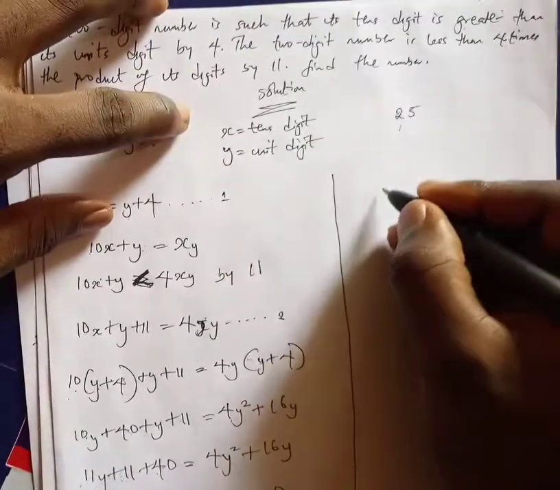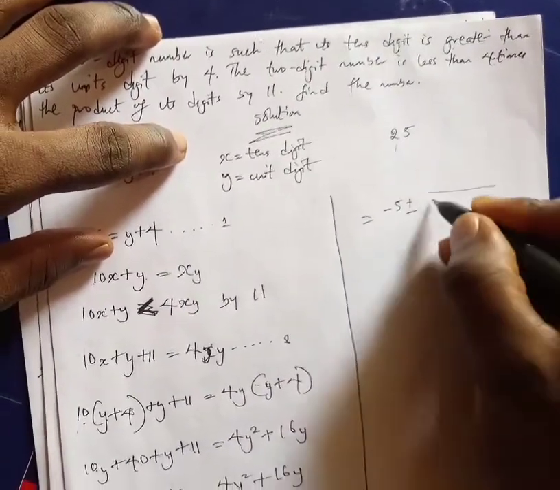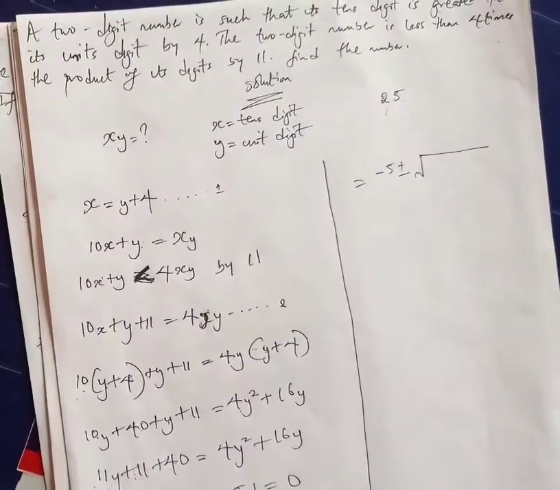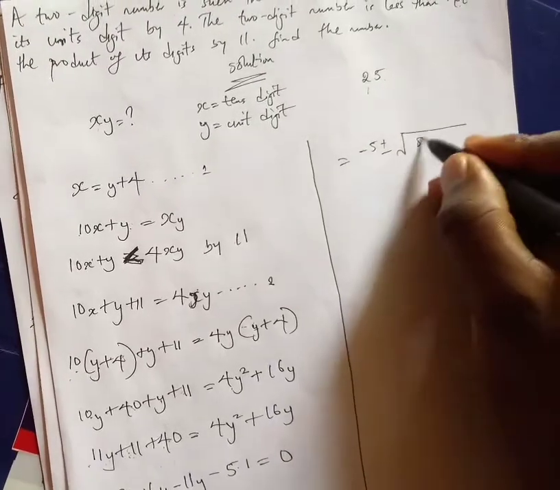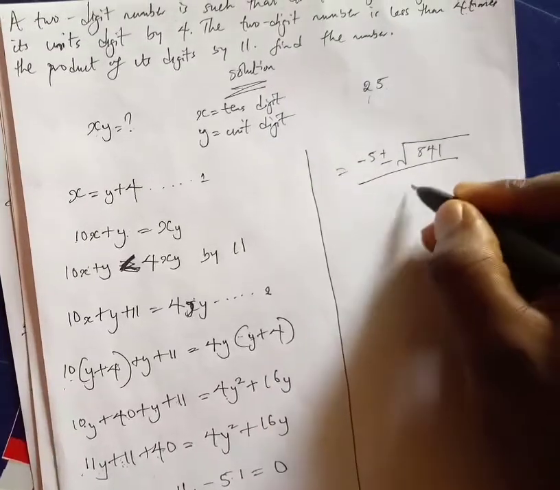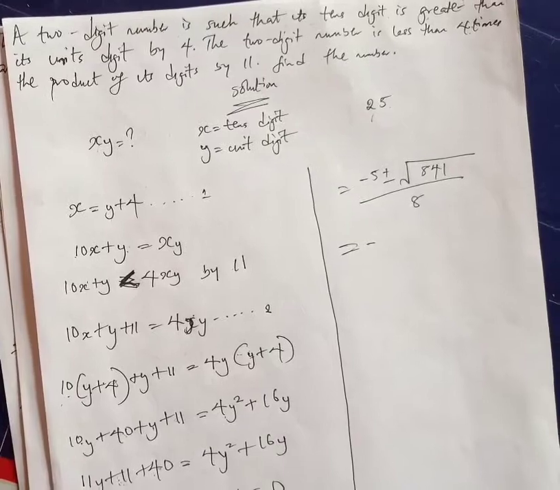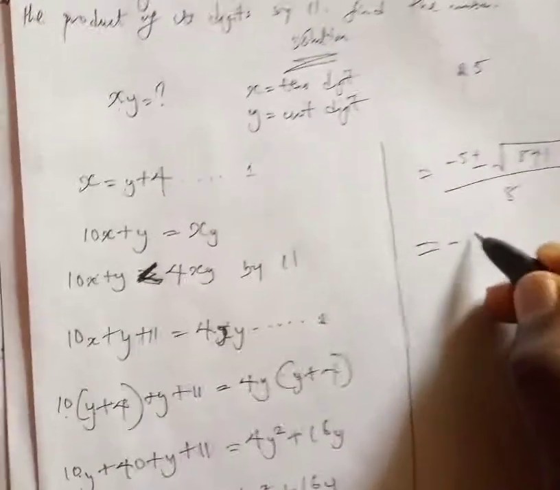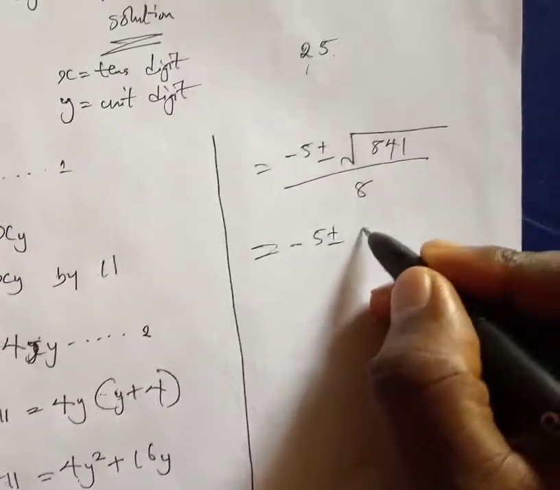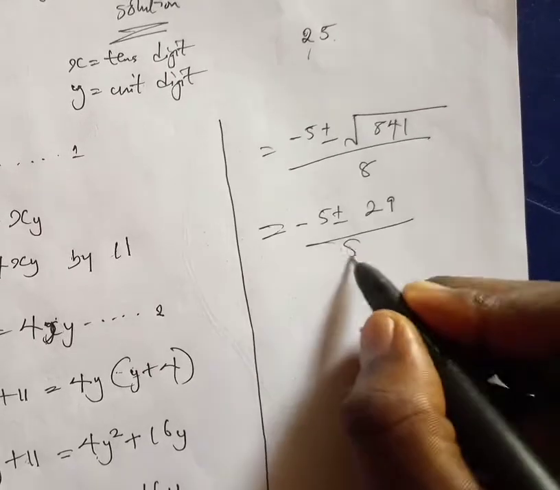So from here I'll have negative 5 plus or minus the square root of 816 plus 25, which is 841, all over 8. The square root of this will give me 29 over 8.